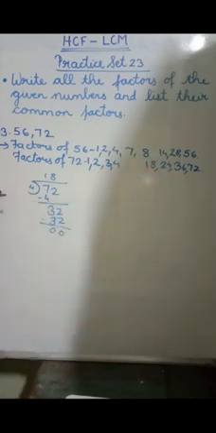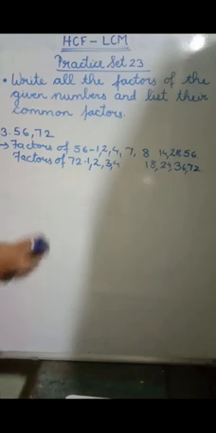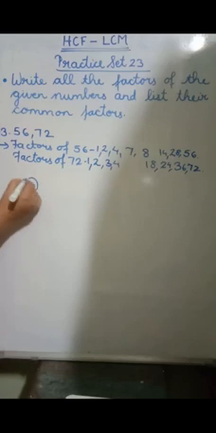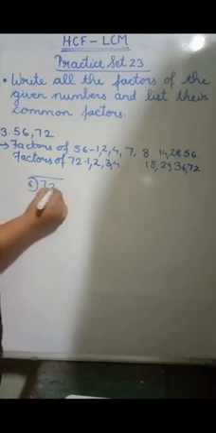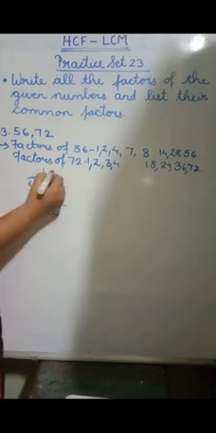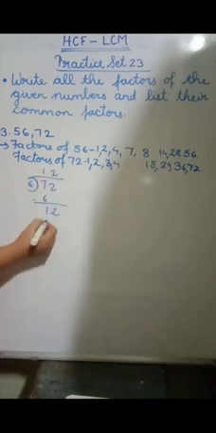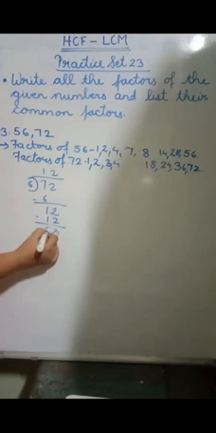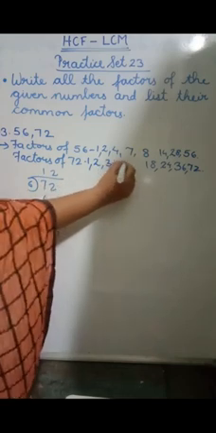Okay. Next, 5 table? No. 6 table? We'll try. If you want, you can try and see. 6 1s are 6, 6 2s are 12. So 6 how much? 12s are. So 6 12s are. Okay.